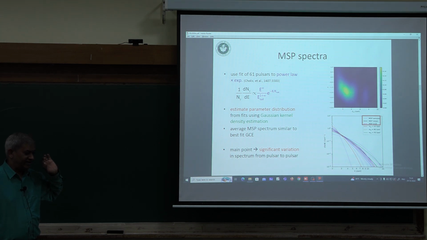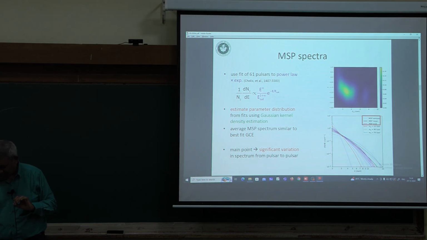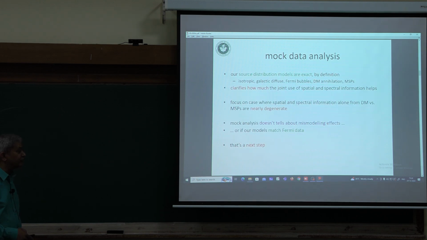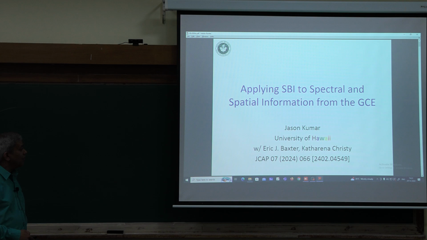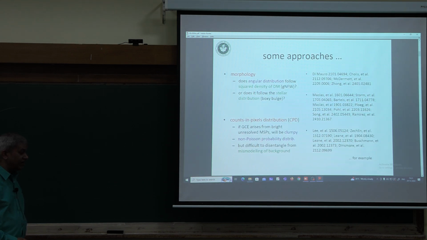Well, when you say it's mostly spherical, that is a bone of contention. There are some people who will say it's a very good fit to a spherical distribution. There's another set of people who will say, actually, it's not really a good fit to a spherical distribution. It's much more a fit to what you can describe as a boxy bulge distribution, like a bar-shaped thing.